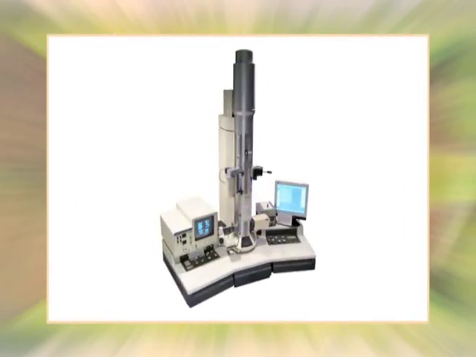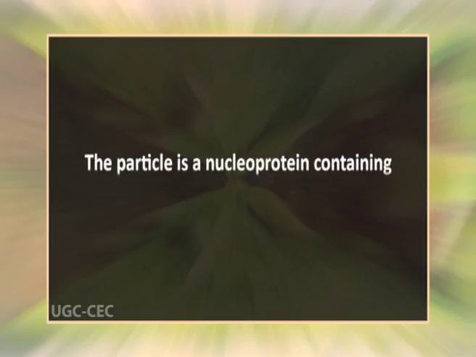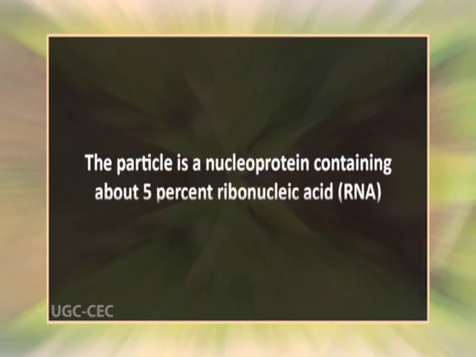The internal structure of tobacco mosaic virus has been determined largely by X-ray analysis, aided and confirmed by electron microscopy. The particle is a nucleoprotein containing about 5% ribonucleic acid, RNA.